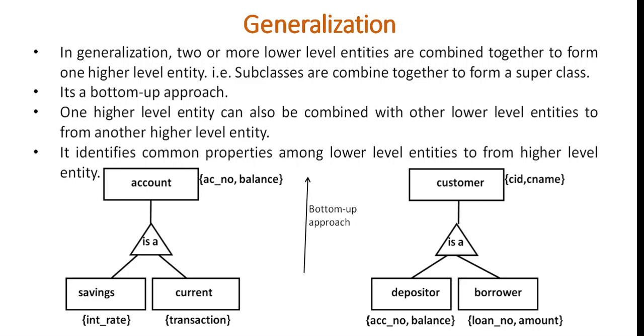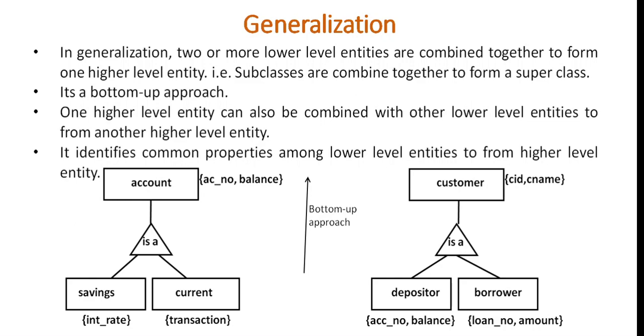Now let's take another example. We have two subclasses or two lower level entities, that is depositor and borrower. Okay, see, depositor has attributes account number and balance. Means when we deposit some amount into the bank, it is related to the bank database system.